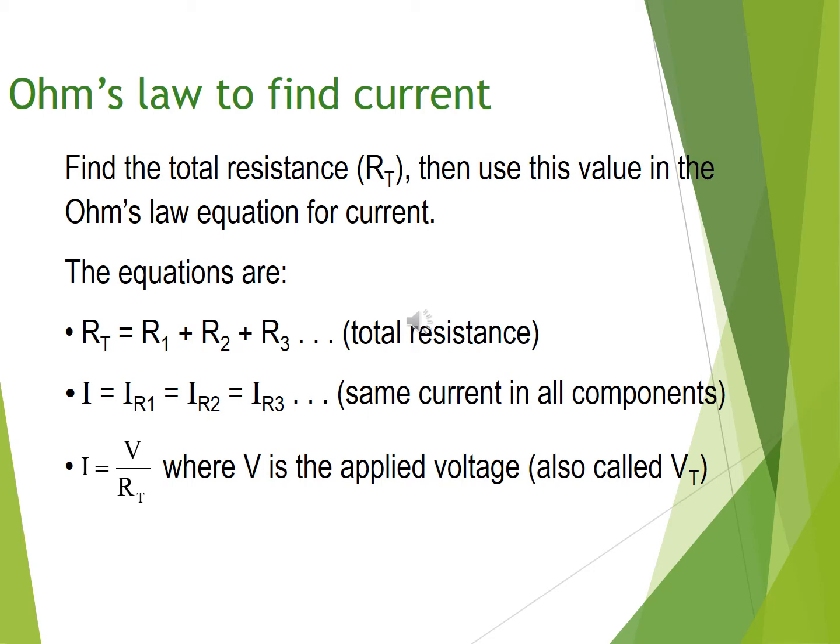And likewise, the current here listed is I, which really should be IT, is equal to IR1, which is equal to IR2, which is equal to IR3, etc. That is simply the mathematical way of saying that the current flowing in R1 is the same as the current flowing in R2 and R3, and obviously that is also equal to the total current which is flowing out of the battery, and that indeed is the definition of a series circuit, that the current in a series circuit is constant throughout the circuit.